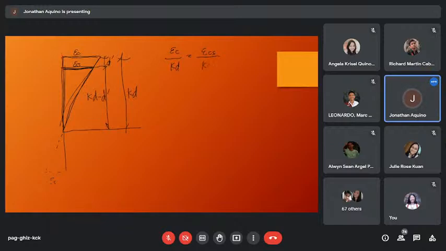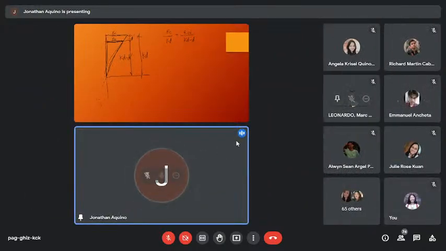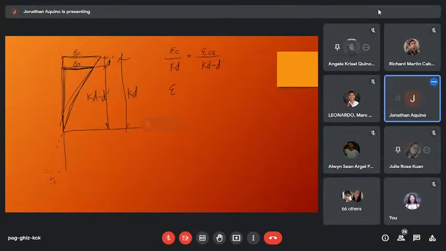So, KD minus D prime. Or just simply, strain of the compression steel is equal to strain of concrete times KD minus D prime over KD.